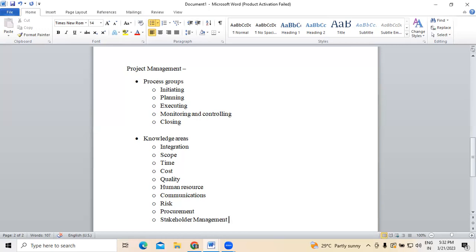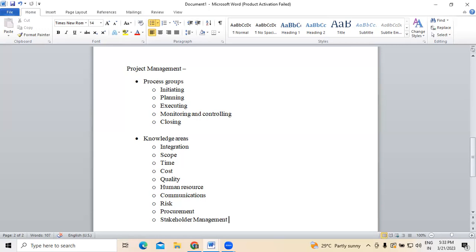Followed by this, we need to know the processes and procedures, followed by the historical information required. If we are working on large projects, we need to divide them into different phases, followed by understanding the business case. Apart from that, one must know the assumptions and constraints involved in the initiation phase, followed by the feasibility, developing the project charter, and identifying the stakeholders using the power and interest grid. So all this comes under the initiation phase.